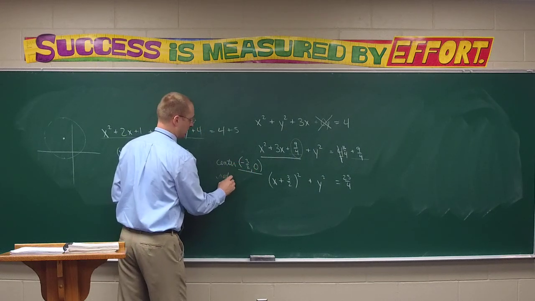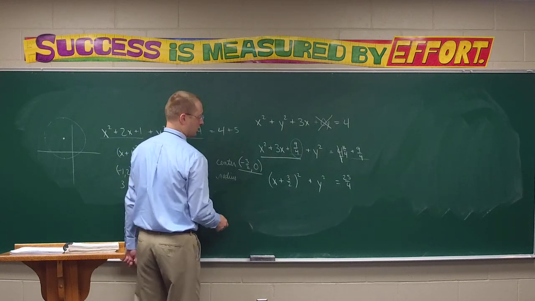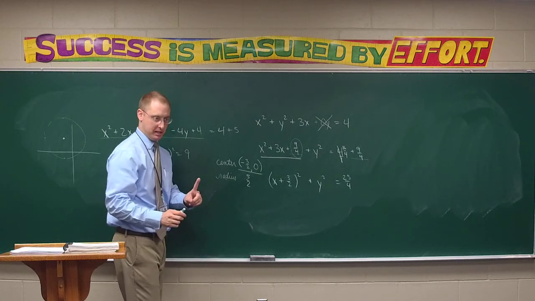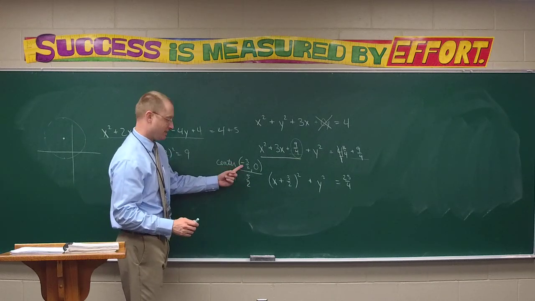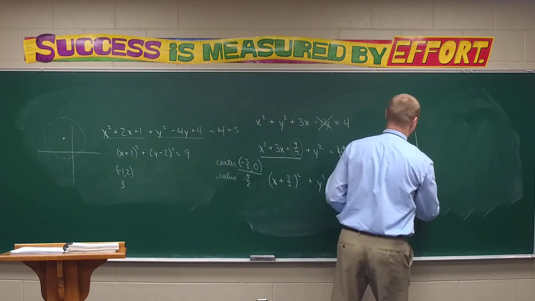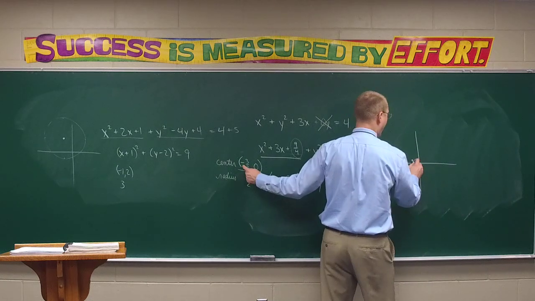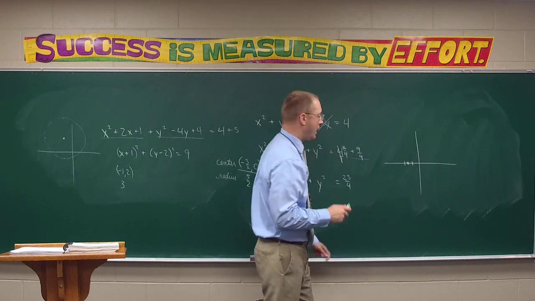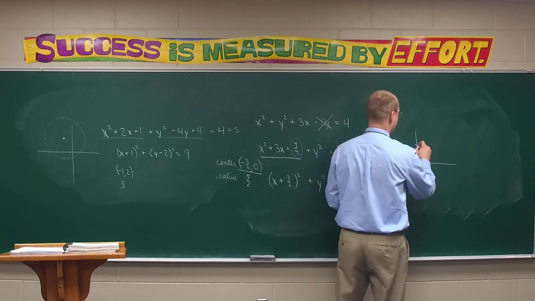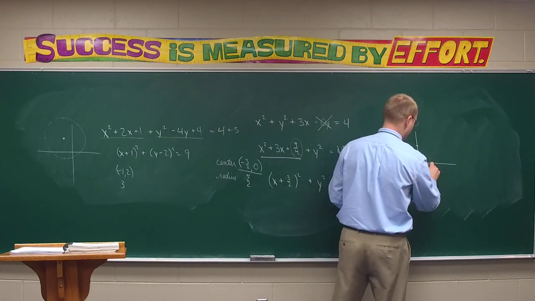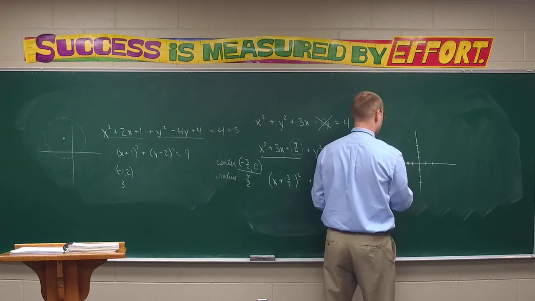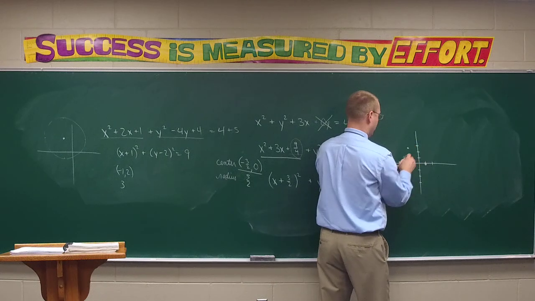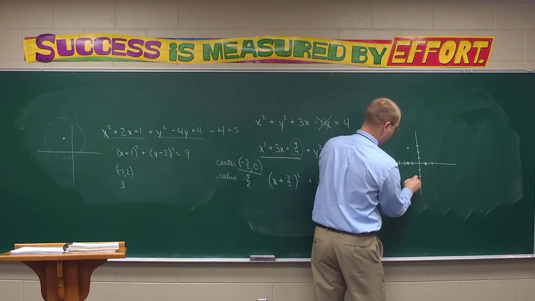Jamie, what's the radius? 5 halves. Now, practically speaking, that's 2.5, and the center is negative 1.5. So if I were to graph this, I would go backward 1.5, up and down nothing, and then my radius is going to be 2.5 in all directions.